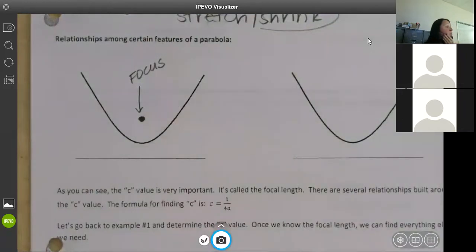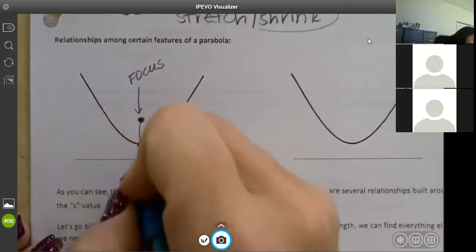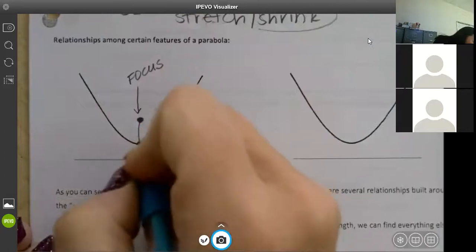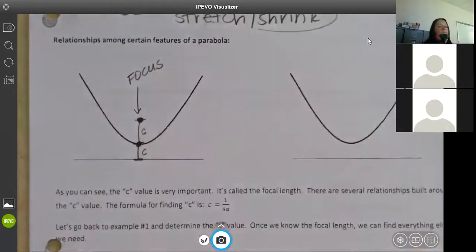The focus is a point that is the same distance from the vertex to the axis, and we're going to call that distance C.